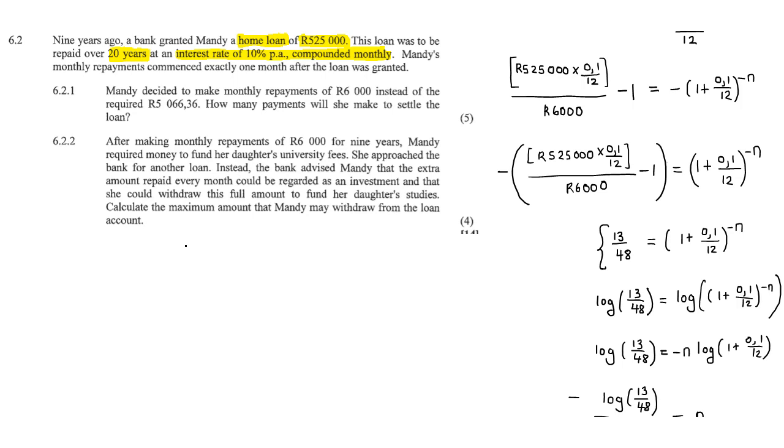So the bank says what we're going to offer you, or advise you to do, is don't open another loan. That's going to be too much of a burden on you. Imagine you're going to have to be repaying 2 different separate loans. Instead, use the extra amount that you've been paying, which can be regarded as an investment.